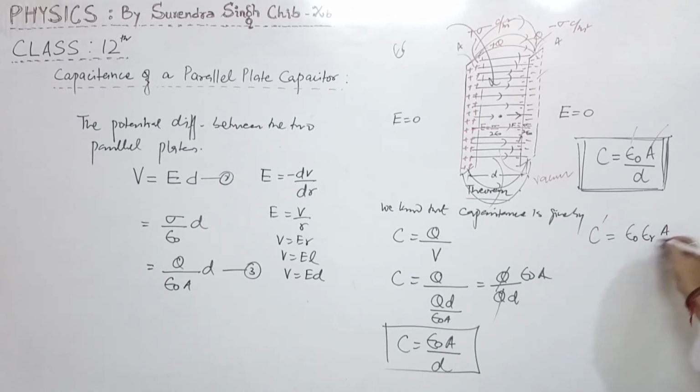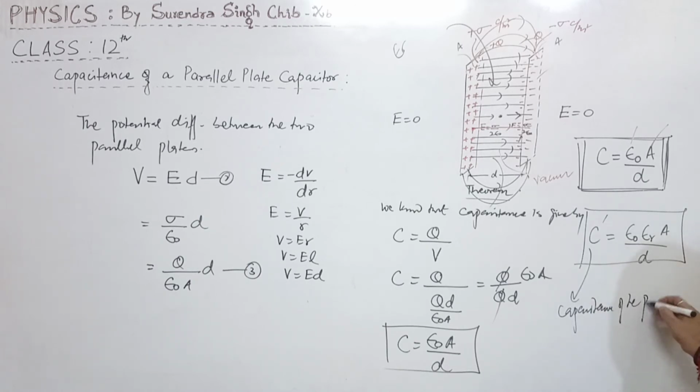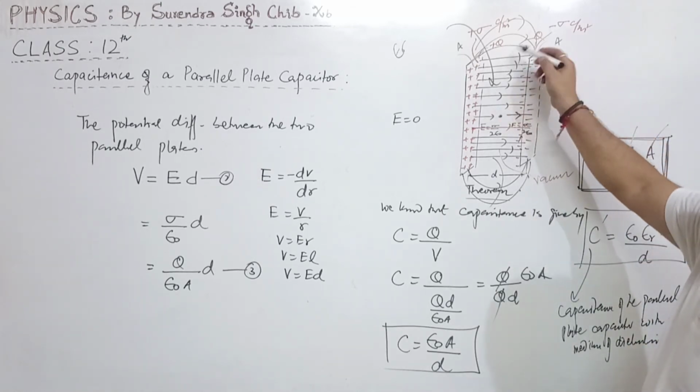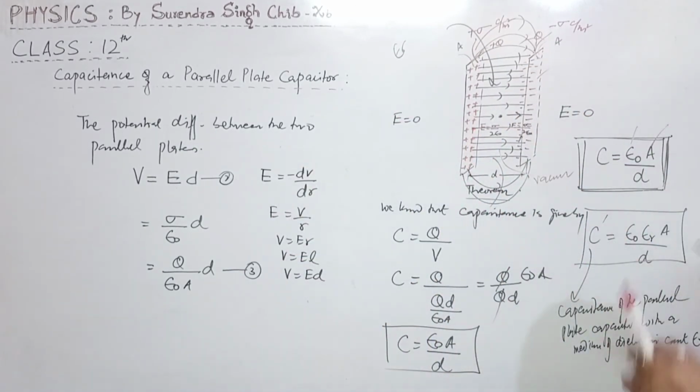This is the capacitance of the parallel plate capacitor with a medium of dielectric constant epsilon r. If we fill it, replacing the vacuum with wax, oil, water, any dielectric medium, then the capacitance will be epsilon naught epsilon r A by D. The capacitance will increase epsilon r times.